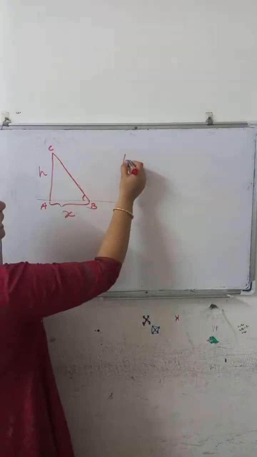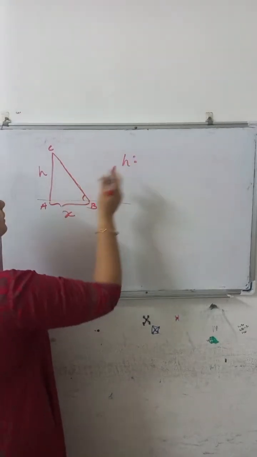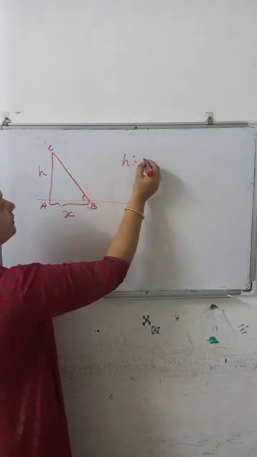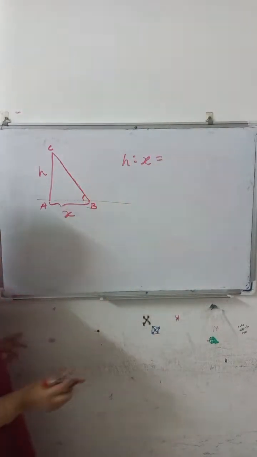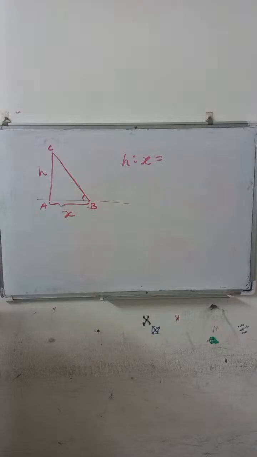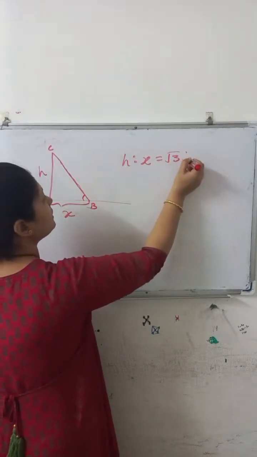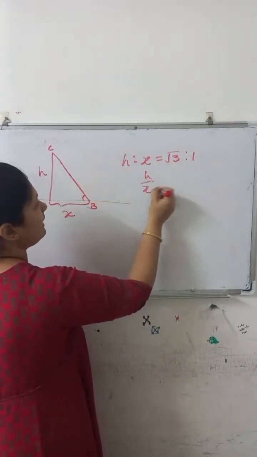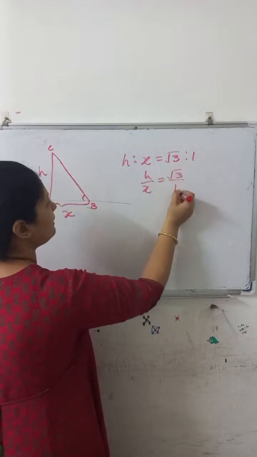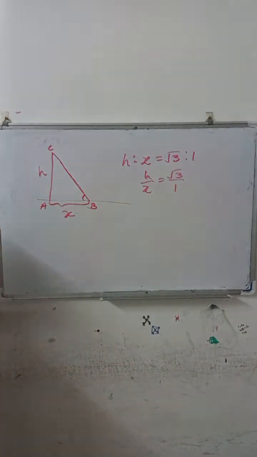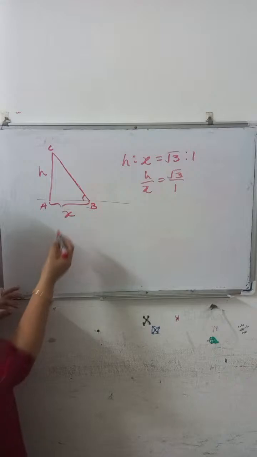They are saying the height of the tower to the shadow x is √3:1. That is h by x is √3/1. This is given, and we have to find the angle of elevation.